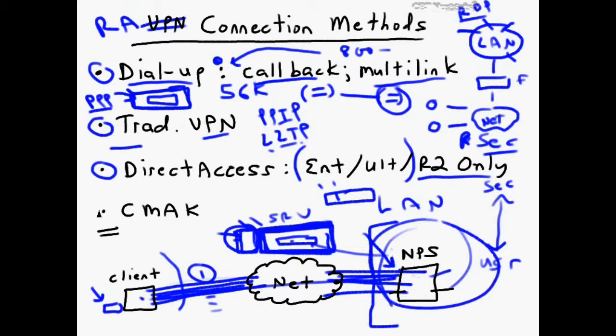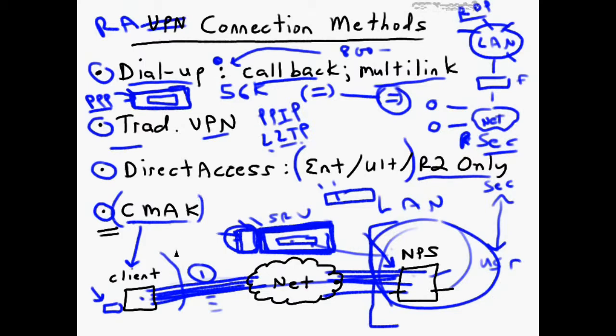To finish this whiteboard out, take a look at this last acronym, CMAK, also called CMAK. This stands for Connection Manager Administration Kit. It's been around for a long time, and it used to be available as a separate download only. Now in Windows Server 2008 R2, you can install this as a feature. Basically, this simplifies the process of deploying client-side VPN profiles.